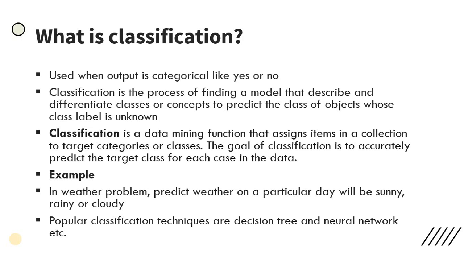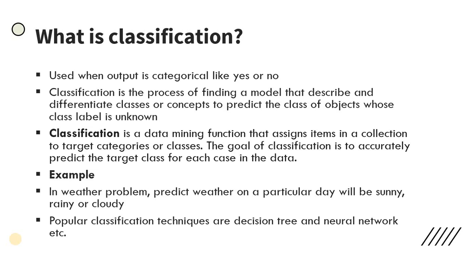Suppose we have a collection of circles, triangles and squares. So here the three classes are square, circle and triangle.